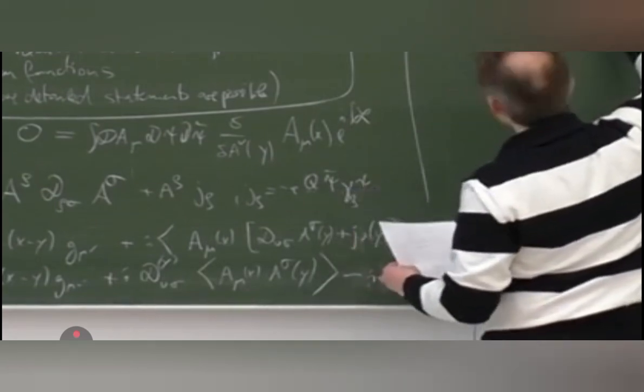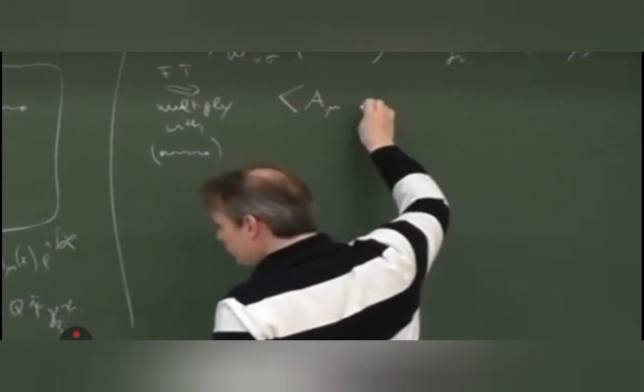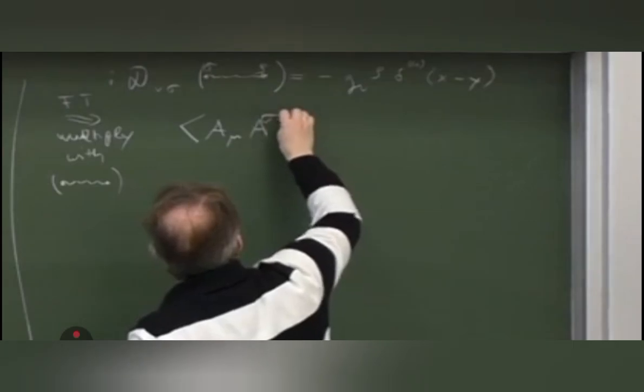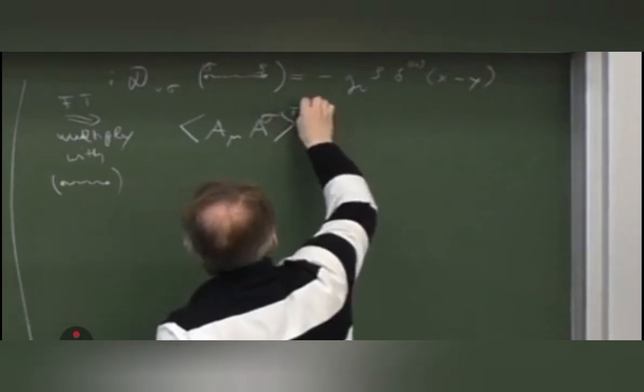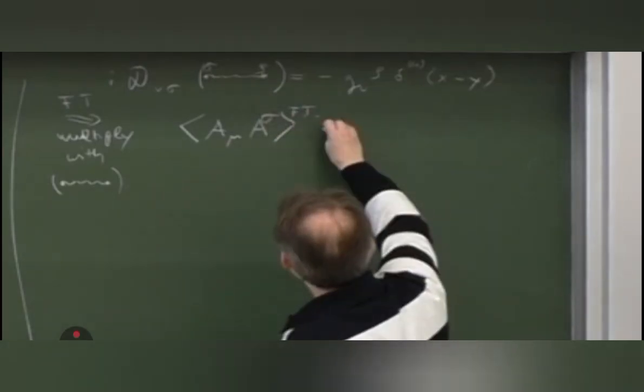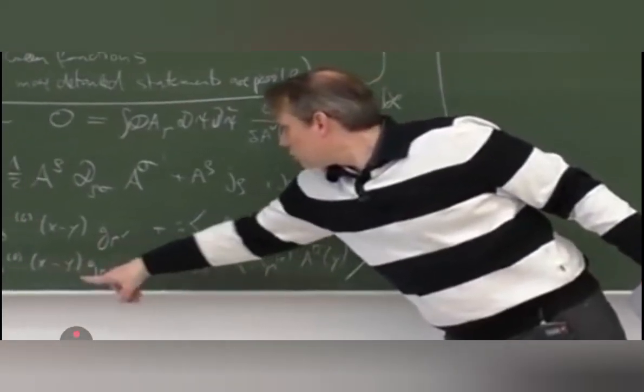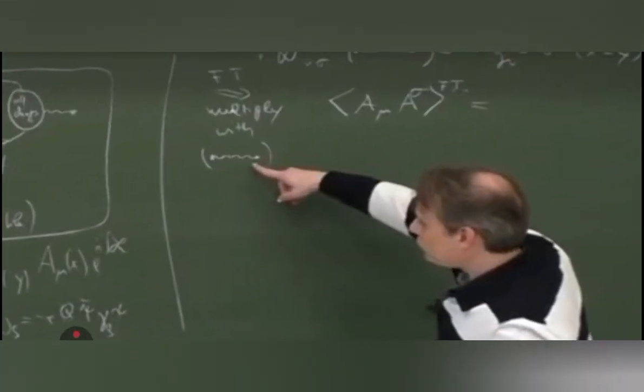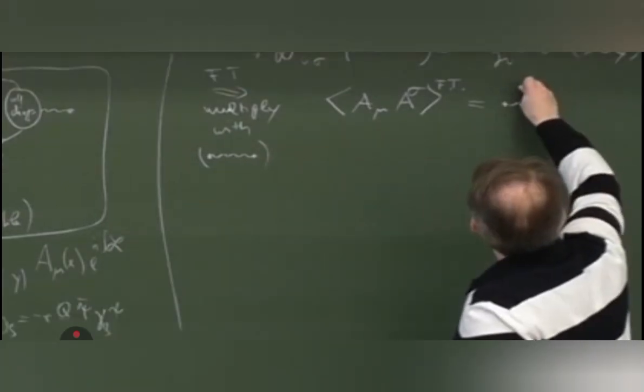Then we have this Green function, A_μ A_σ, Fourier transformed on the left-hand side, equal to this one multiplied with a tree-level photon propagator, of course Fourier transformed.